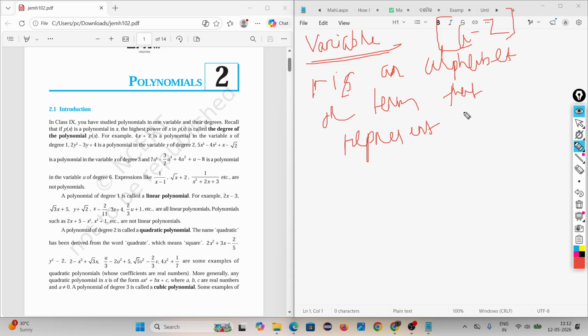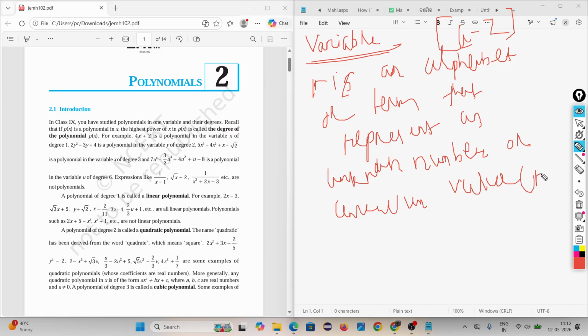represents an unknown number, or unknown value, or unknown quantity.